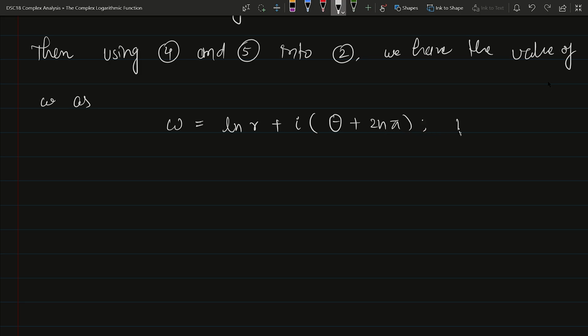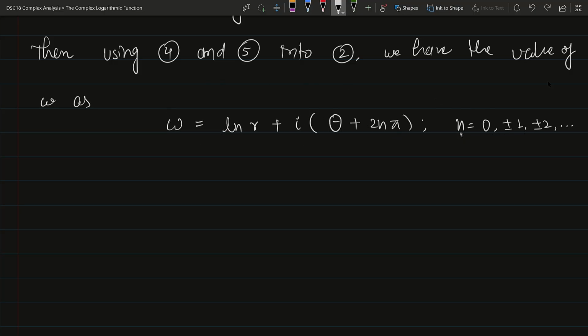Where you can specify that n can be equal to 0, plus minus 1, plus minus 2, and so on, right? So this is the value of w when we are given e to the power w equals r. So we have this solution.